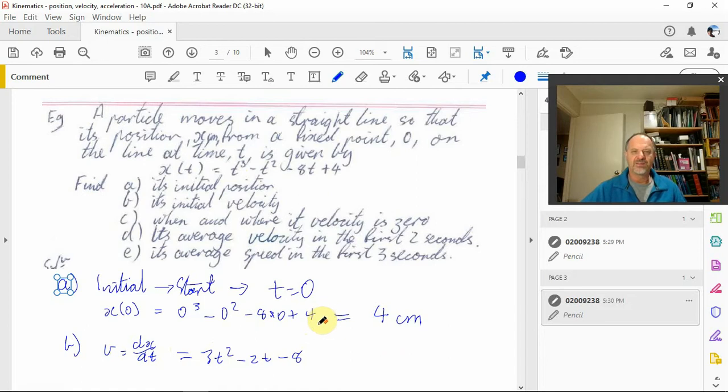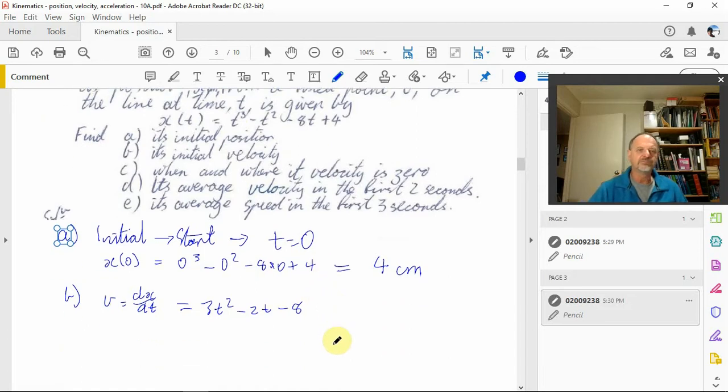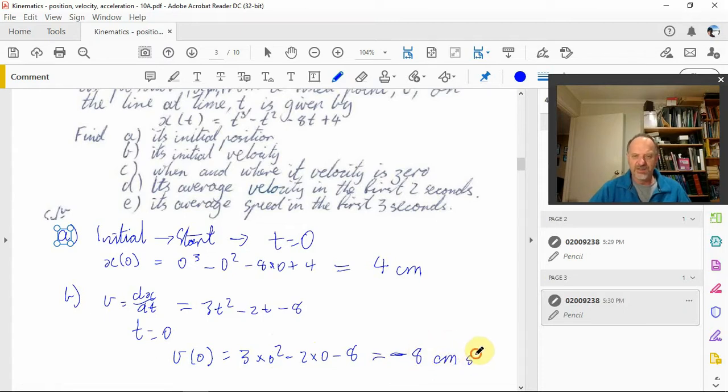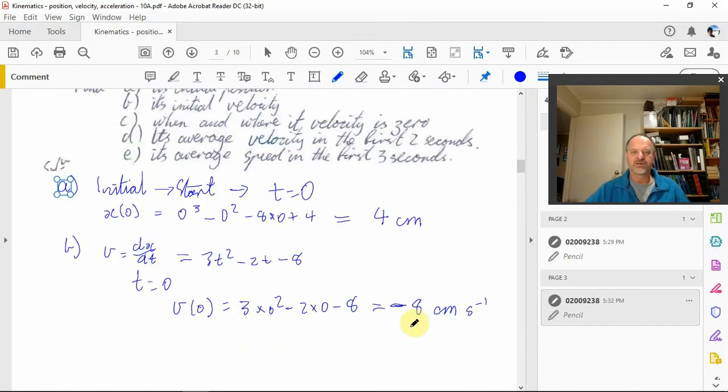And then, of course, at the start, initially, time equals 0, we just substitute 0 in there. And so its velocity is negative 8 centimetres per second. So the negative means it's going in the negative direction, wherever that is.